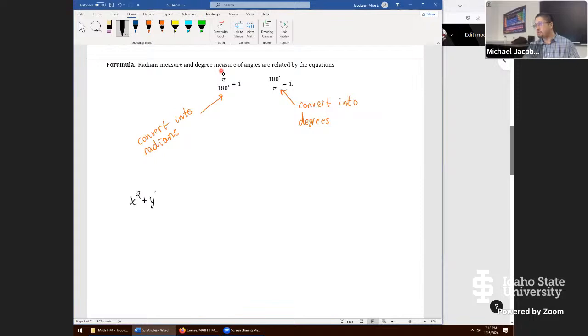X squared plus y squared equals 1. Out of all of the circles, this is the special one. In fact, the trigonometry we're doing is called unit circle trigonometry, and this thing is the unit circle. When we say unit, it's all about that 1 there, which implies a radius 1.